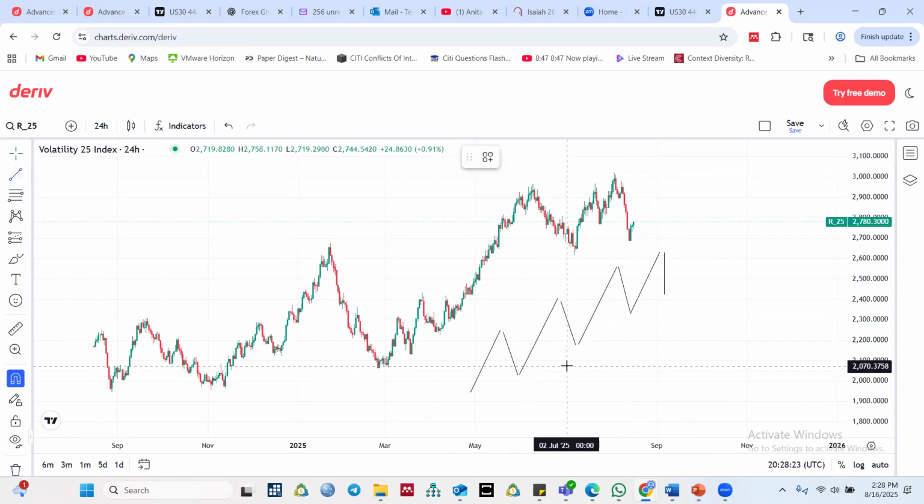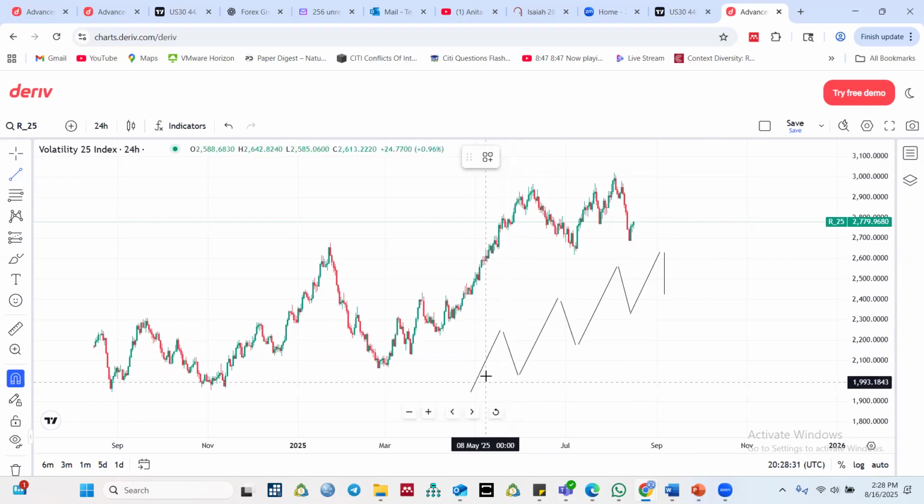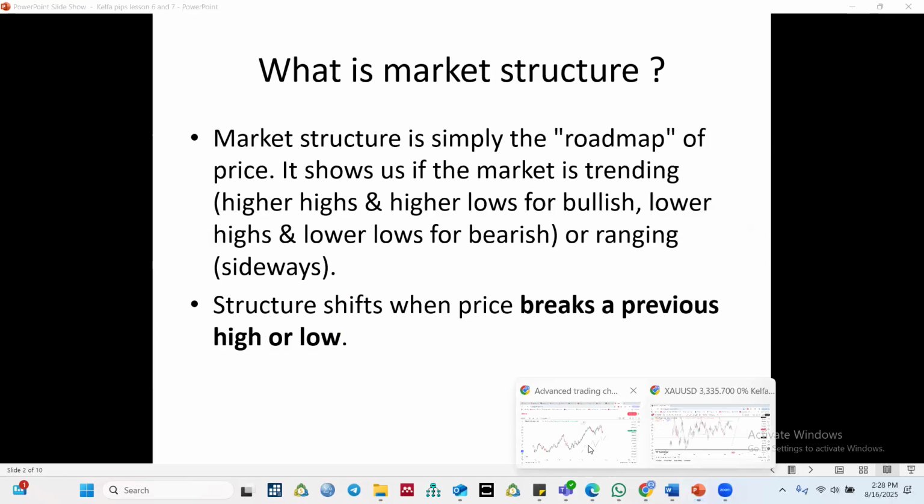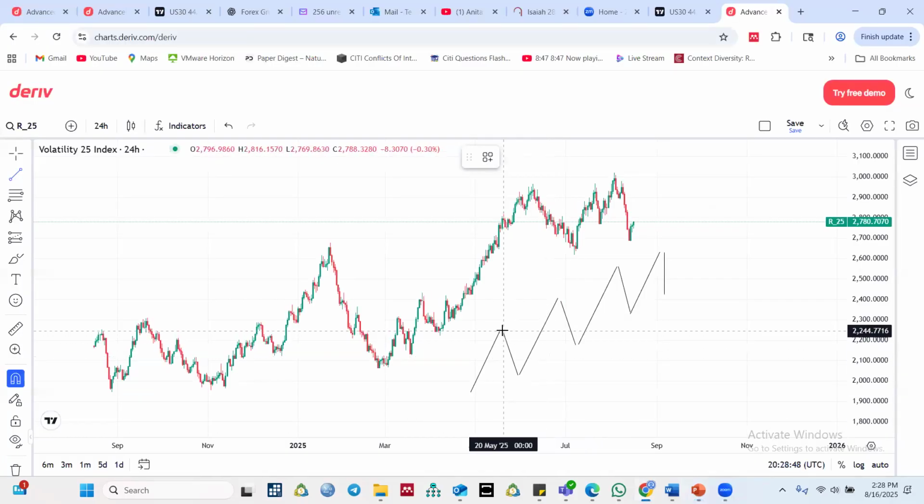So where do we say there is a break of structure? Once a previous high or low is taken out, once a previous high or low breaks, then there is a shift, and that is a break of structure. So let's say this was a previous high up here.